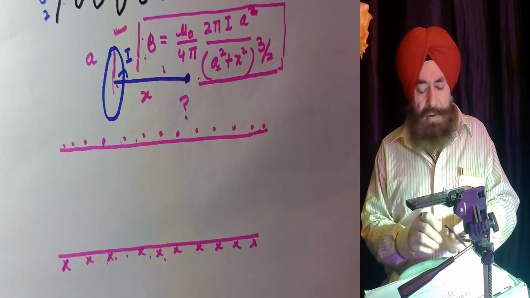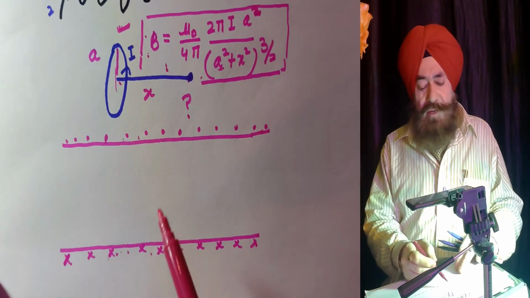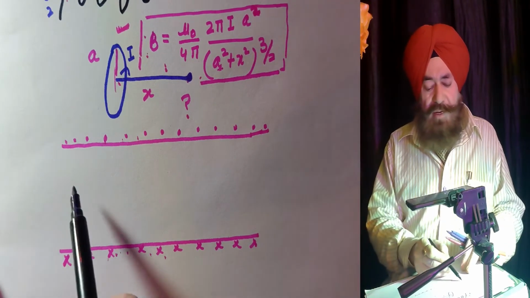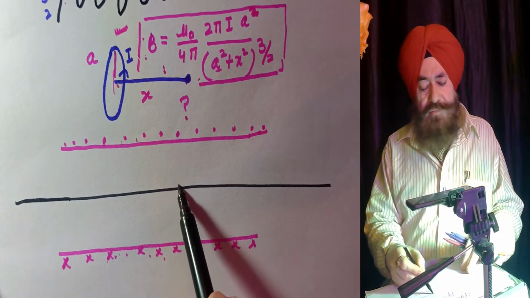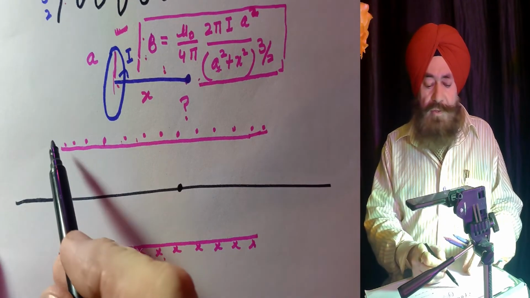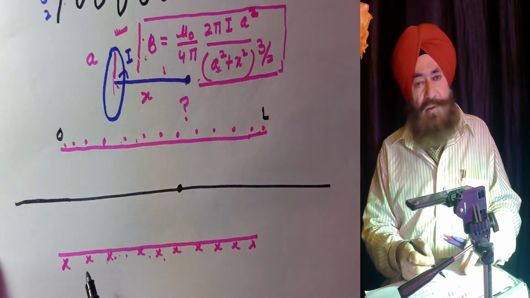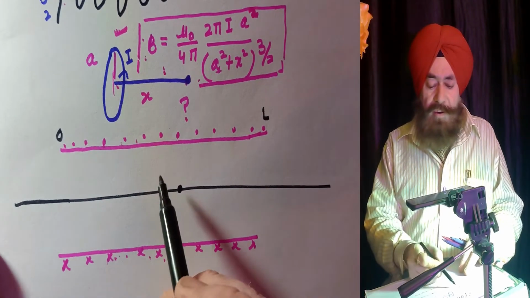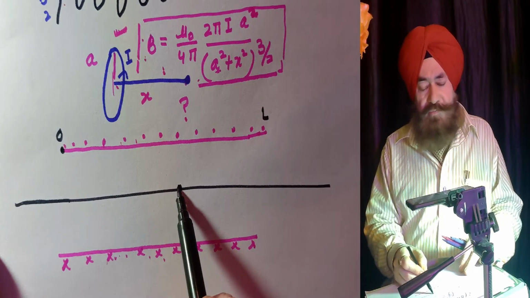Now the problem is, what is the magnetic field at a point on the axis of the solenoid? The length of the solenoid is capital L, right? Now this is my observation point.